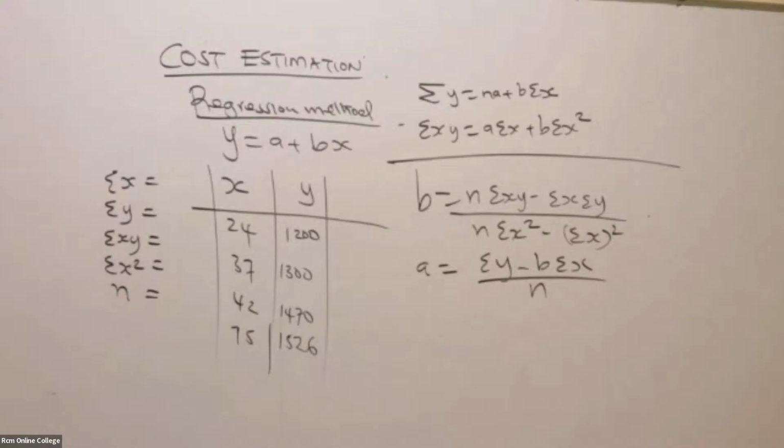So we have X as 24, we have 37, we have 42, we have 75. Then Y we have 1200, we have 1300, we have 1470, and of course we have 1526. Good. So let me just share my screen with you.